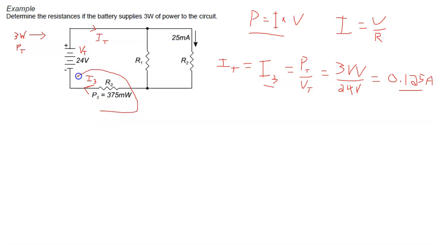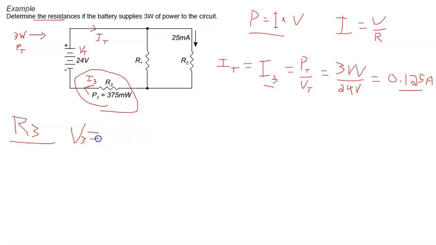So now that we have two pieces of information about R3 down there, we should be able to find the voltage drop across it, and of course the resistance, because what we're asked to do is find the 3 resistor values. Okay, so we'll tackle R3 first then. And we'll say that by Ohm's law, V3 is, well, actually, that's not going to help us yet, is it?